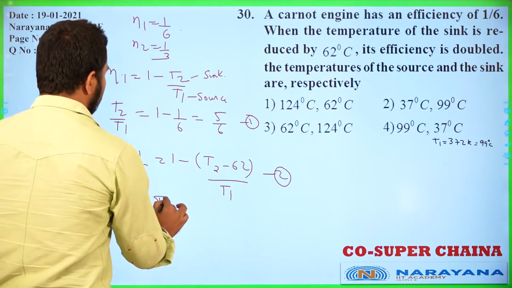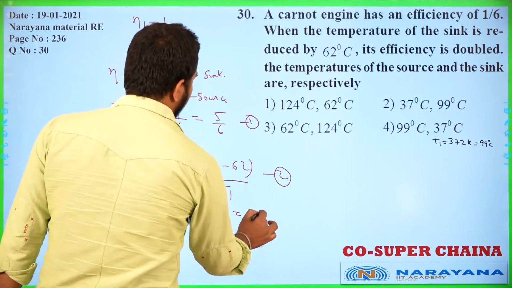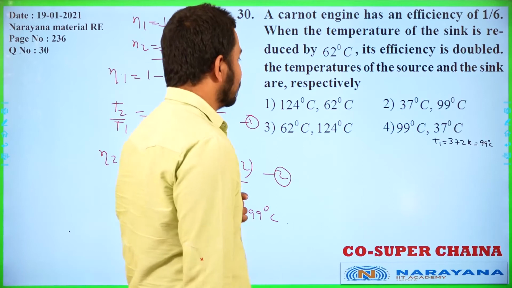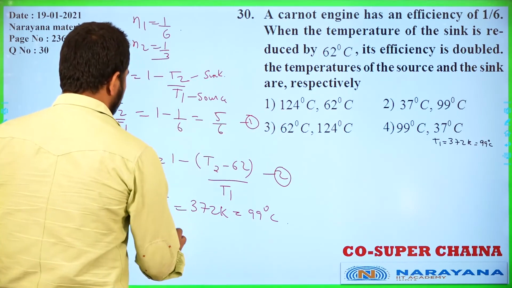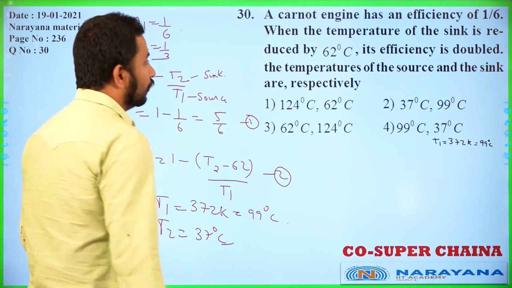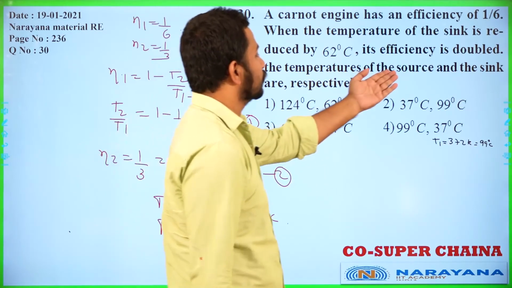If we simplify for T1 and T2, T1 comes as 372 Kelvin, that is 99 degrees Celsius, and similarly T2 comes as 37 degrees Celsius.